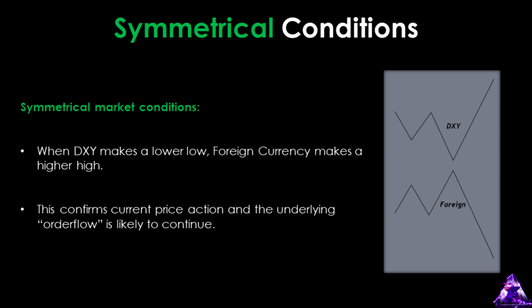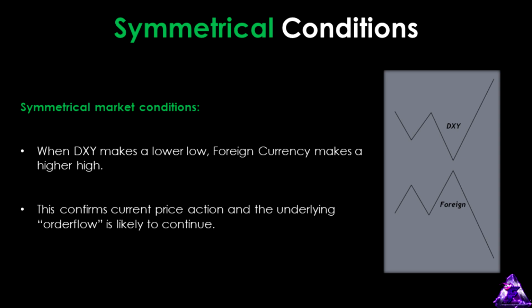Similarly, when the DXY makes a lower low, the euro versus the US dollar makes a higher high, indicating symmetry because both are moving in an inverted symmetry while following the same structure. Even though the movement may be inverted, the structure remains symmetrical. This type of structure and order flow suggests that the current trend and underlying order flow are likely to continue.